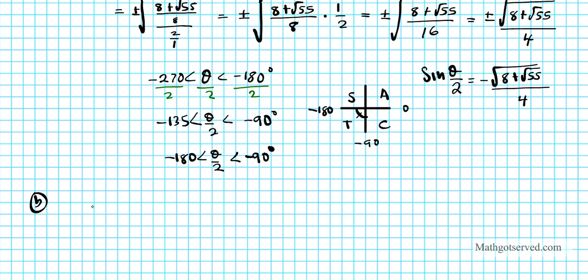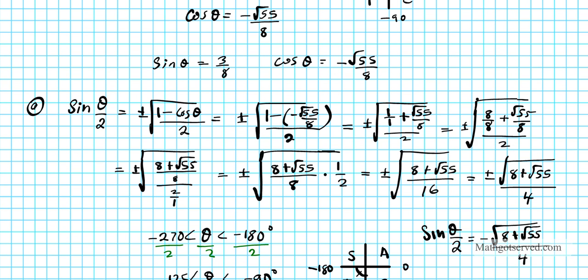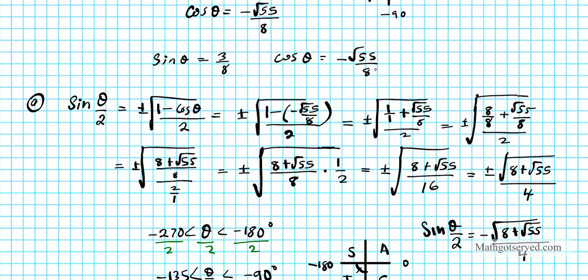All right, so for cosine theta over 2, let's write down the formula first. Cosine theta over 2 equals plus or minus the square root of 1 plus cosine theta over 2. Okay, and that becomes plus or minus the square root of 1 plus, what is cosine theta? Let's go up here. Cosine theta is negative root 55 over 8, so we're going to plug that in.